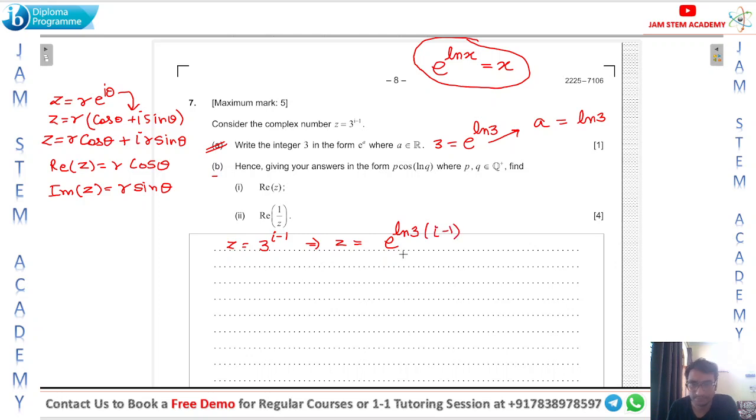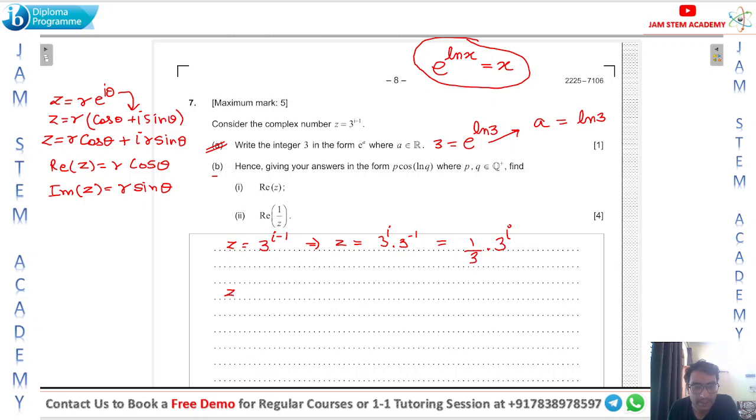Okay. Then we can also rewrite this as 3 raised to the power i times 3 raised to the power minus 1. That gives 1 over 3 for the 3 raised to the power minus 1 part, and 3 raised to the power i for the other part.